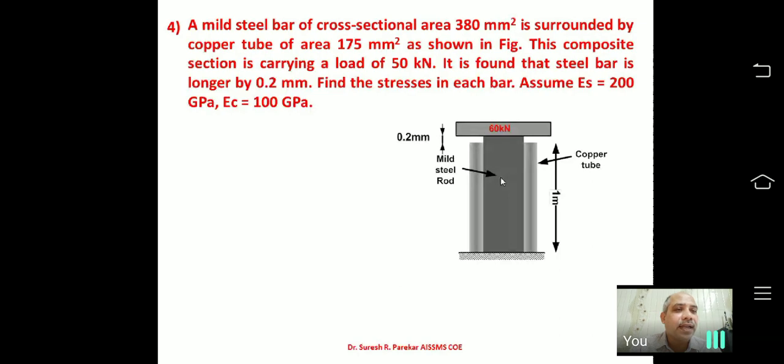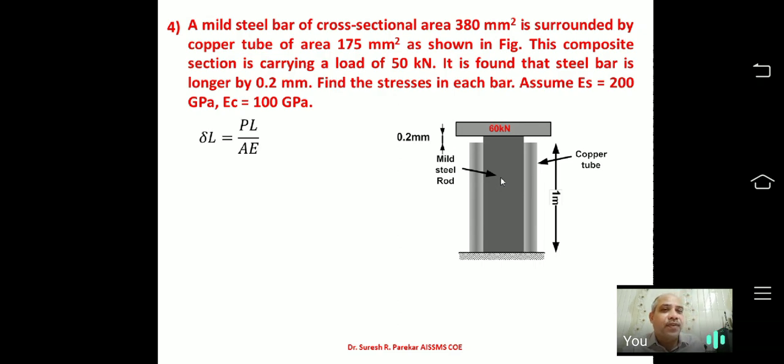Once I get this value, I will subtract this force required for 0.2 millimeter from 60 kilonewton. Whatever force remains is shared by both materials in such a way that the deformation of both materials is the same, but that will be after the deformation of 0.2 millimeter of the mild steel bar.